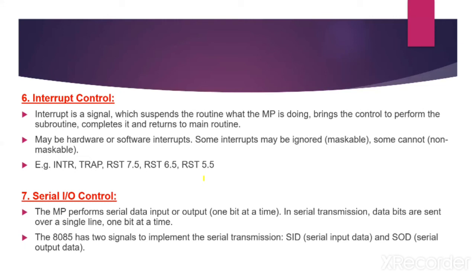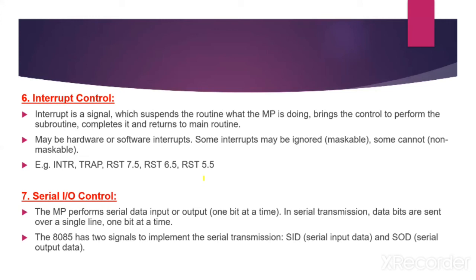An interrupt is a signal which suspends the normal sequence of the microprocessor, and then the microprocessor gives service to the device which has given the signal. After completing the service, the microprocessor again returns to the main program. Some interrupts may be ignored, meaning they are maskable interrupts.